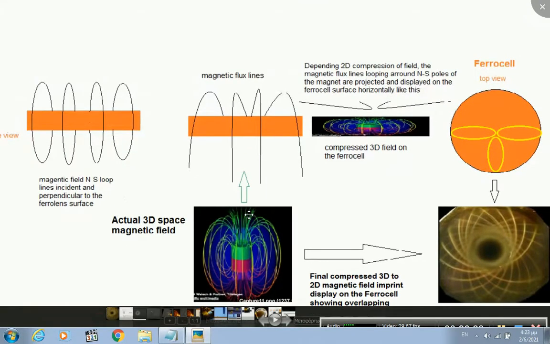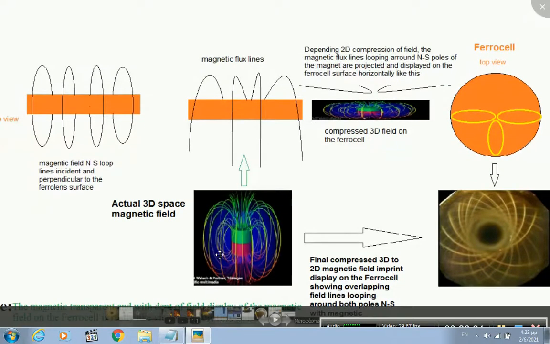And now the whole 3D actual field, the spatial field in the air, the classical field of the ferrocell, is compressed inside the room of the thin film. So it's not just a flat 2D projection. It is compressed from 3D to 2D, but it's not absolute 2D. It has a thickness here.